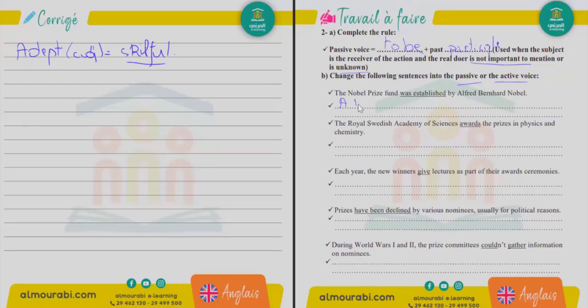Take your time, Yassine. I already helped you: was established is simple past, so it takes the main verb established. Alfred Bernhard Nobel established the Nobel Prize Fund.